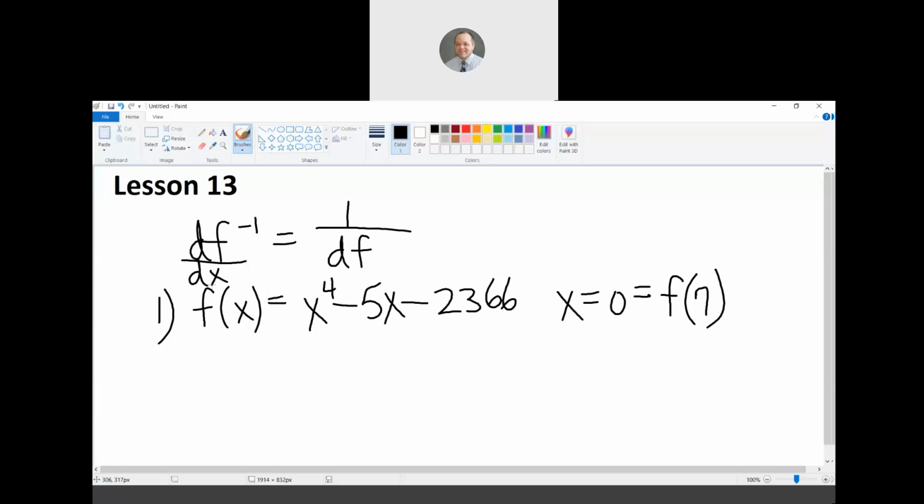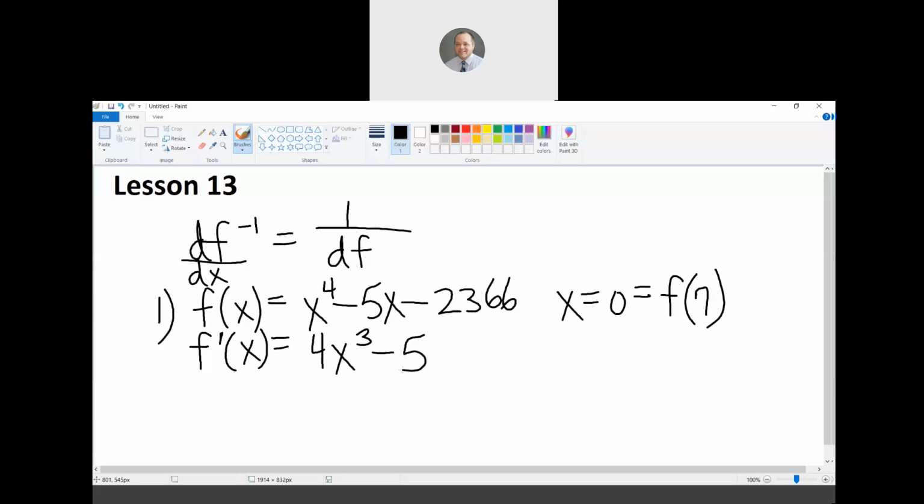The first step is to take the first derivative of your given function. So that would be just 4x cubed minus 5. Now here's where the inverse part comes in.